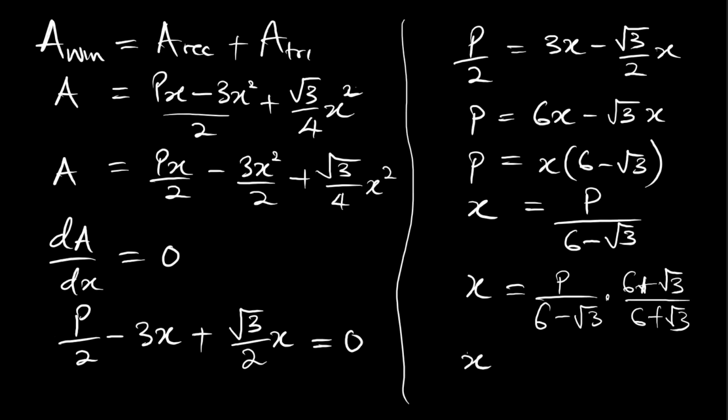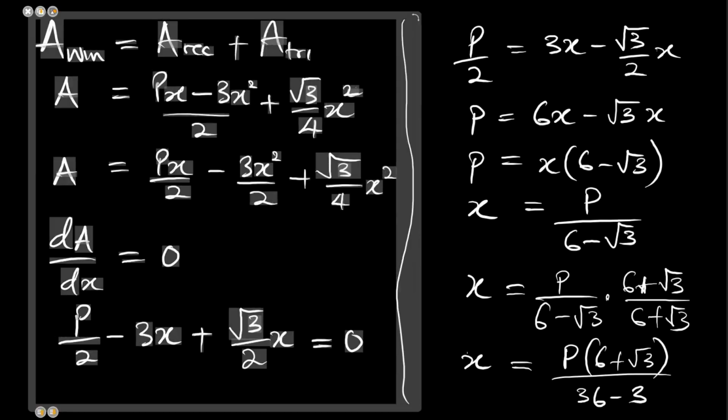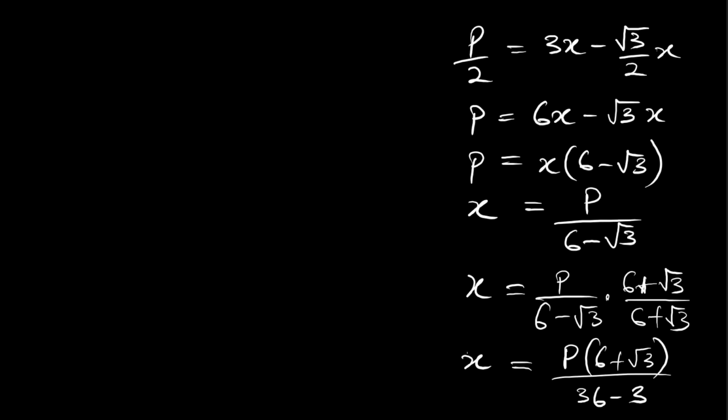So the denominator is a difference of two squares, meaning that that is going to be p times 6 plus root 3. The denominator is 6 squared, which is 36, minus root 3 squared, which is 3. So this is going to give us x is equal to p times 6 plus root 3 all over 33.